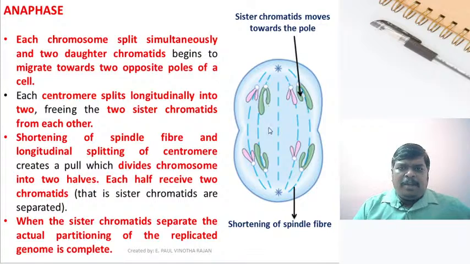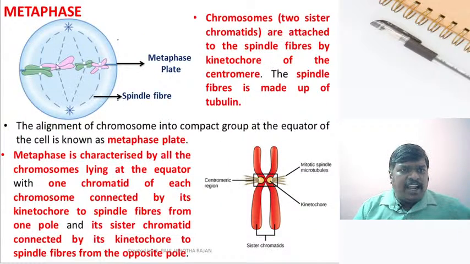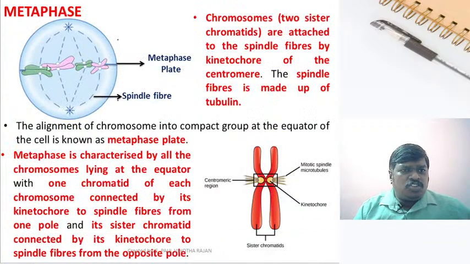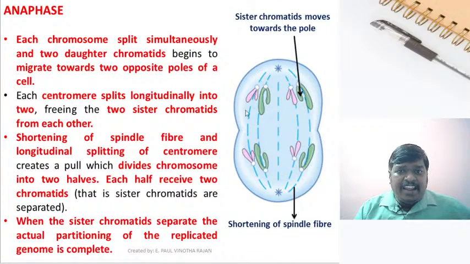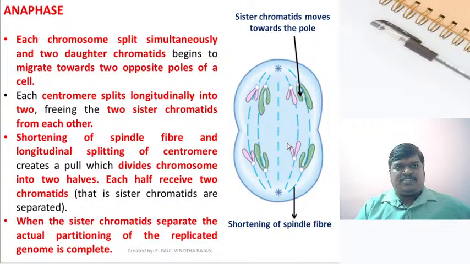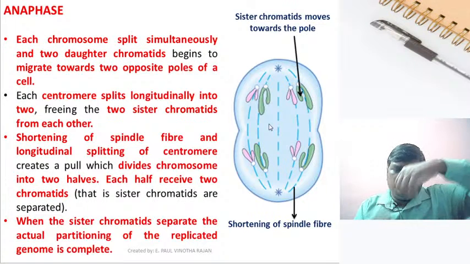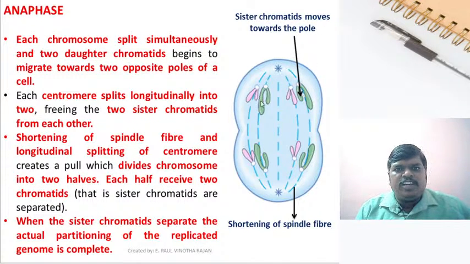Because of that, each chromosome lined up here gets separated like this. So now these chromosomes split again and become chromatids, and each of the sister chromatids moves towards the poles.